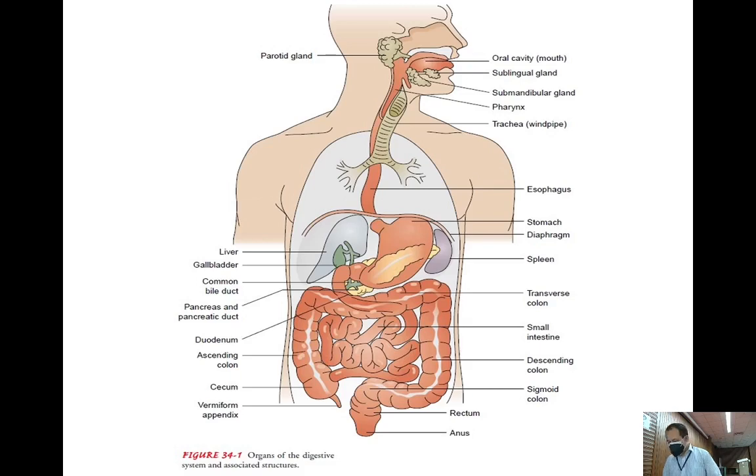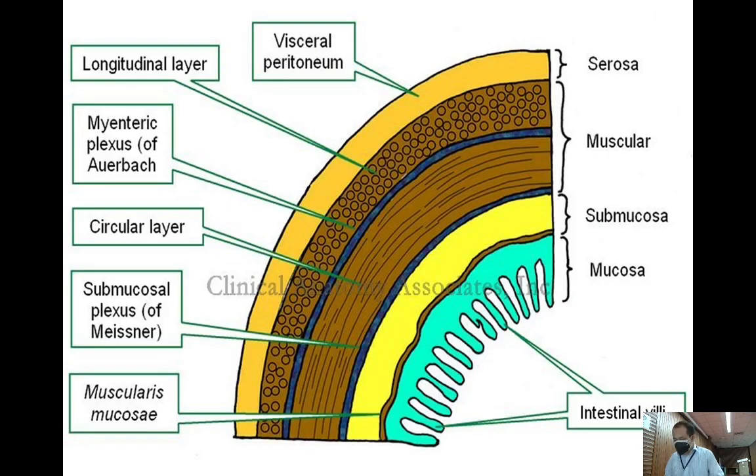Now, when we talk of functional physiology, it is important to look at the layers that form this tubular structure starting from the mouth to the anus.